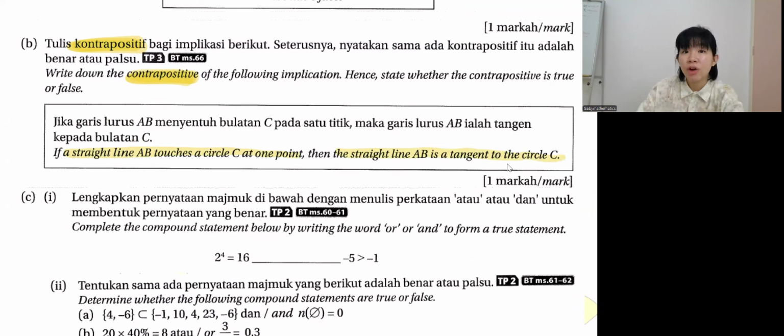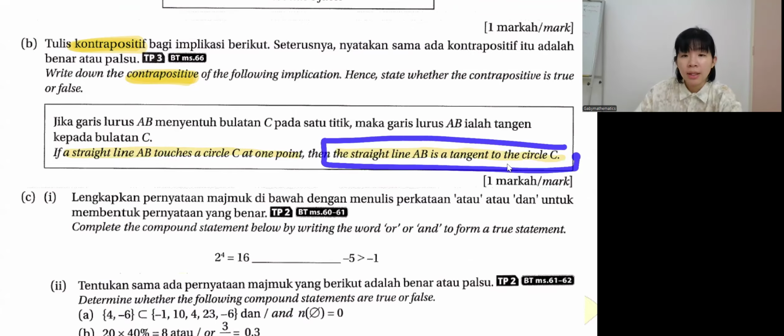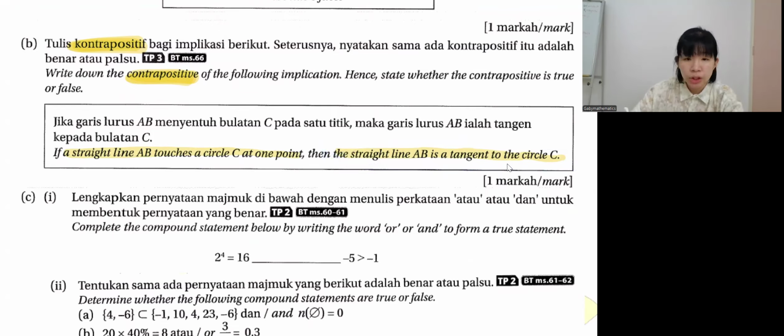Now, if we write contrapositive, meaning if, we're going to write things at the back. If the, for English, the, you change to a. If a straight line AB is not a tangent to the circle, comma, then the straight line AB does not touch a circle C at a point.